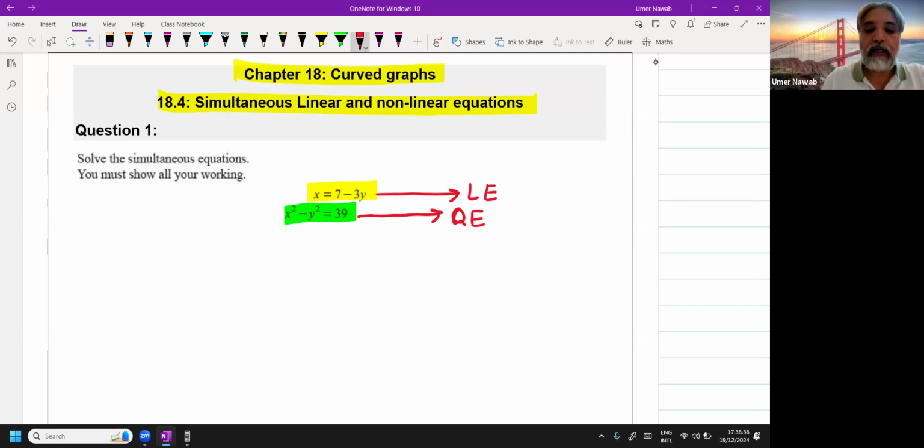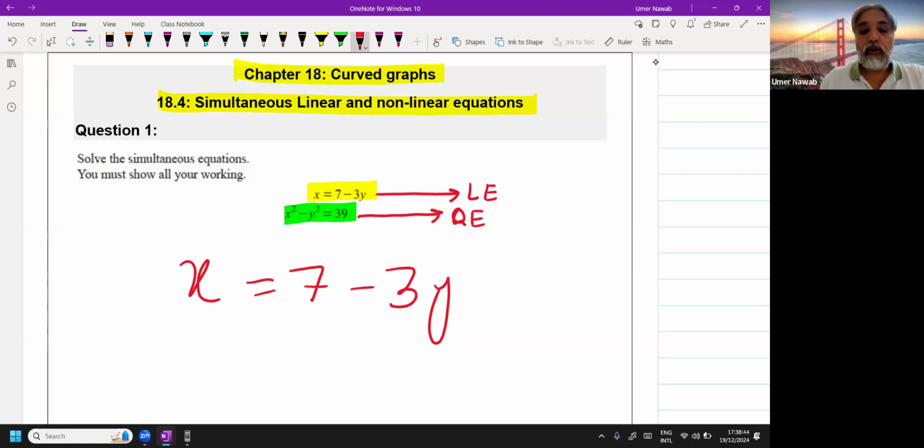So when I look at my linear equation, it is x is equal to 7 minus 3y. So x has been made by the examiner already as the subject. So can I plug this value of x into the second equation, which is the quadratic equation?